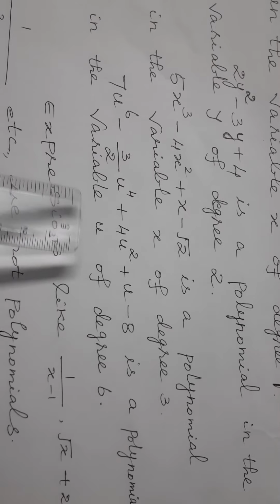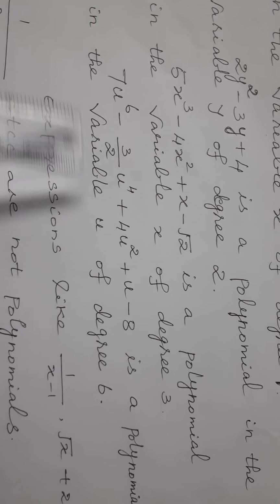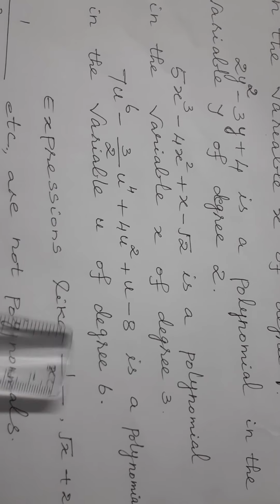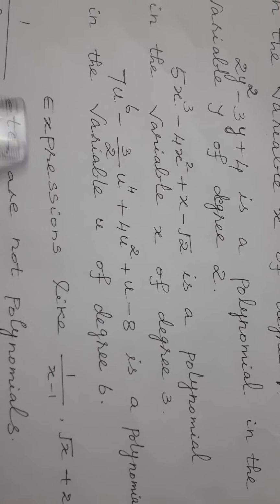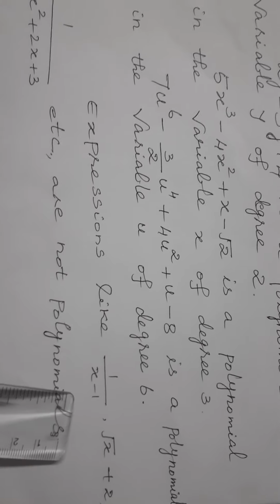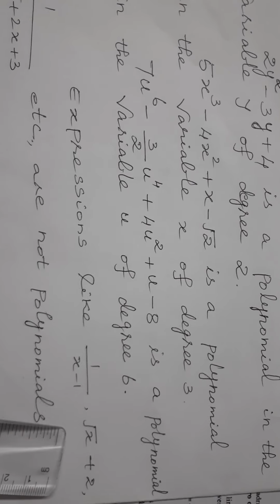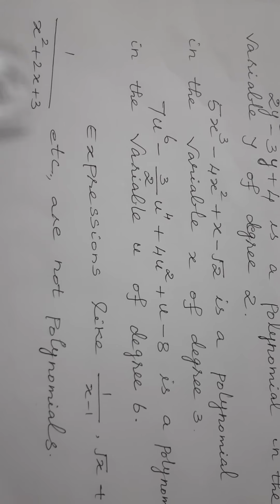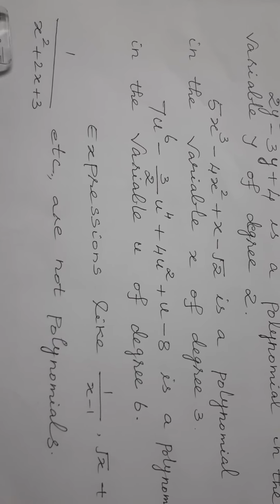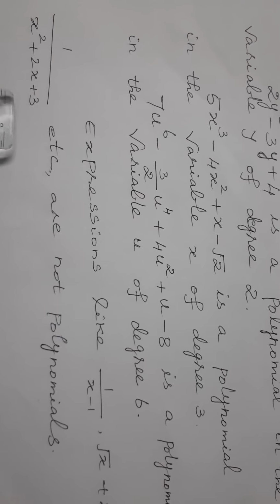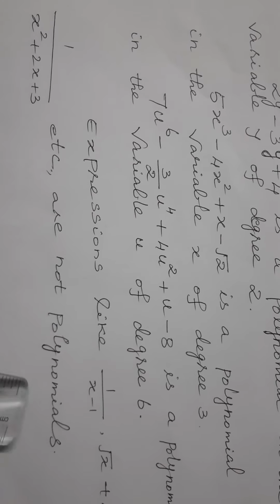So this is called the degree. Expressions like 1 divided by x minus 1, root x plus 2, 1 divided by x square plus 2x plus 3, etc. are not polynomials.